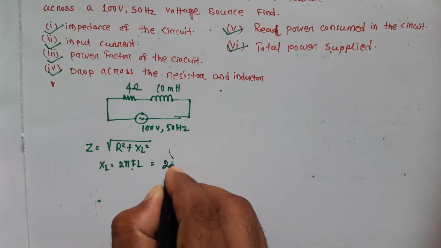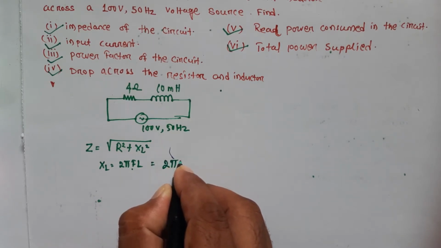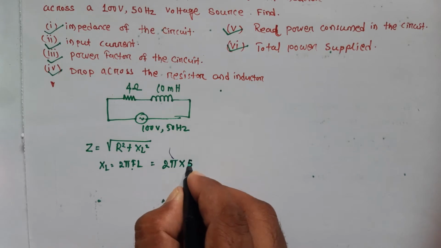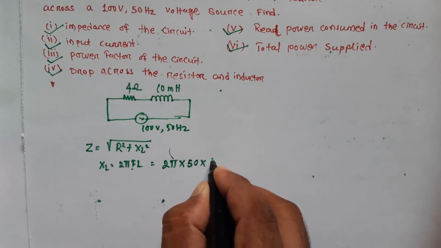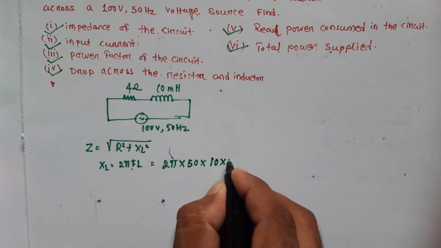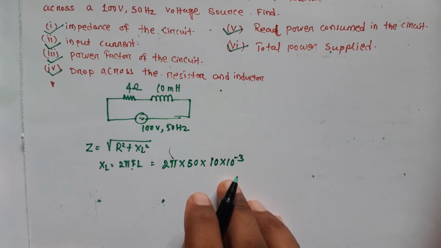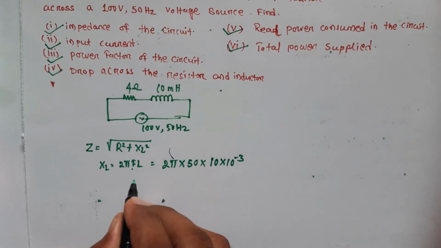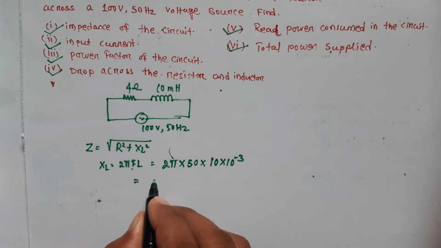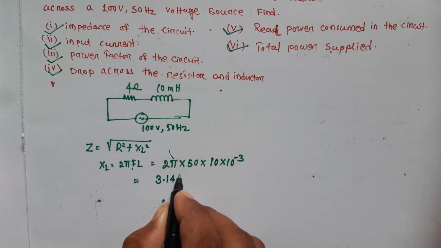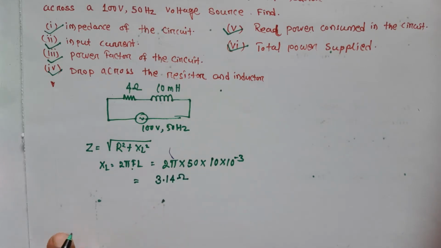So put 2 pi into 50 hertz into L, which is 10 millihenry, that is 10 to the power minus 3. When you calculate this, we get the XL value as 3.14 ohm. Then we can easily find the Z value.